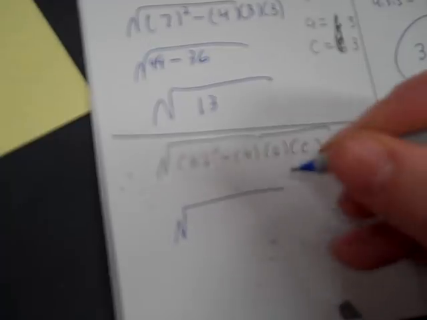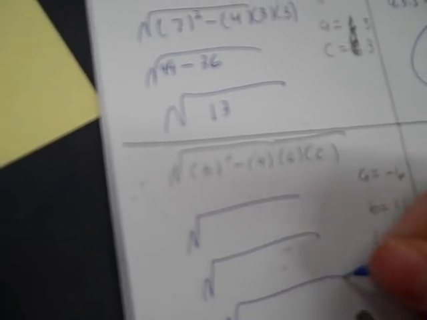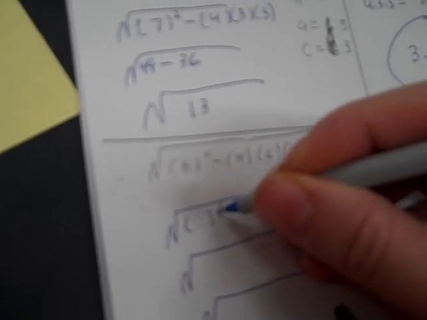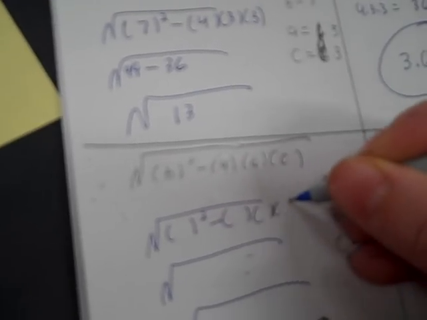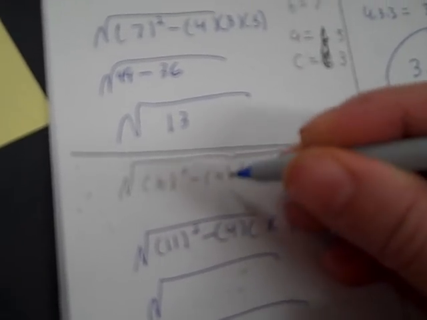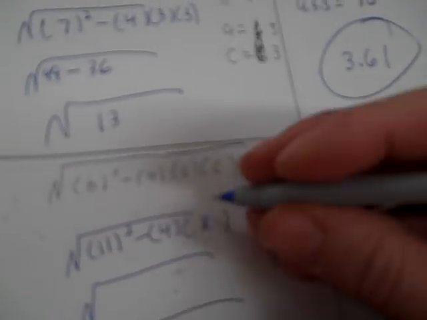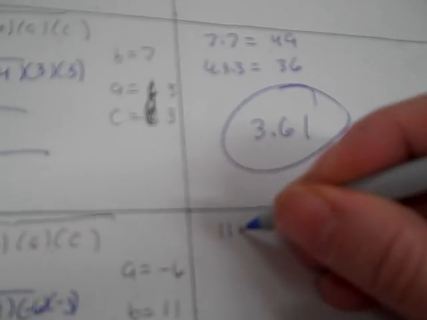Okay, next one. Okay, so I take my B 11, and then 4 from here, and then A is negative 6, and C is negative 3. So minus, I take 11 times itself. That's what a second power does.